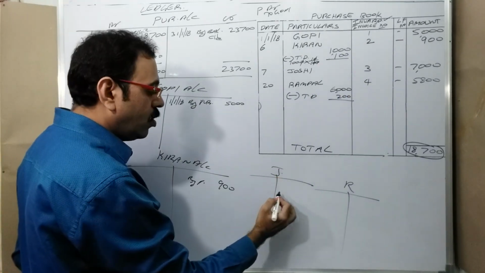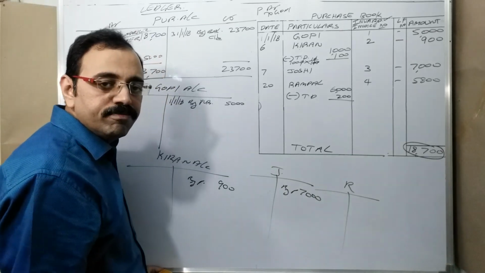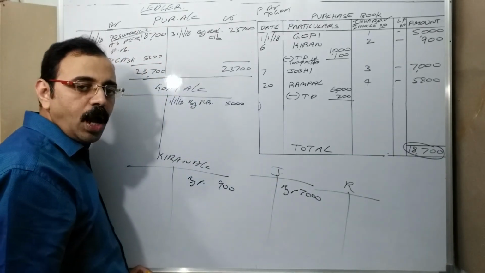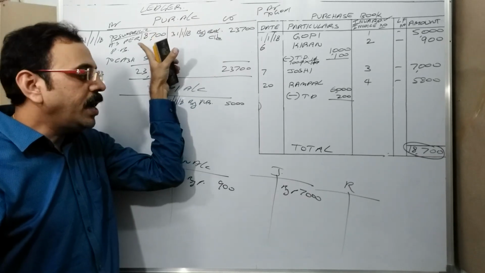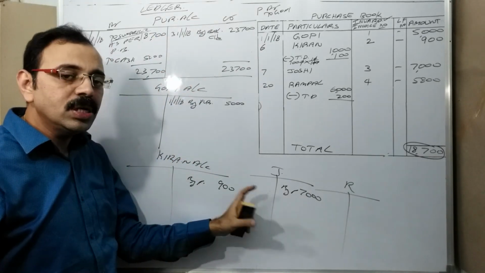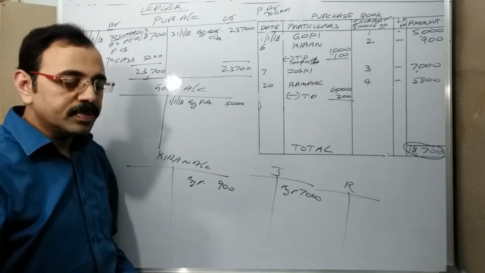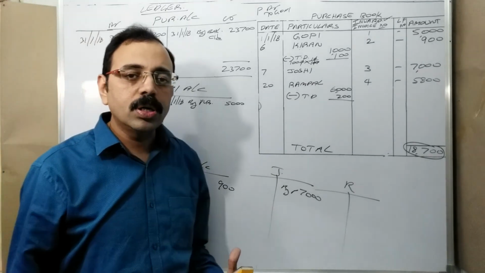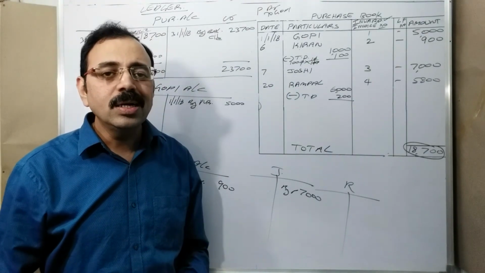In the Joshi account, by purchases, 7,000 rupees. Remember this. How to post? In the purchase account, we should post on the debit side, and in the individual supplier accounts, we should post all these transactions on the credit side. With this, the purchase book topic is completed. The continuation part is the sales book.